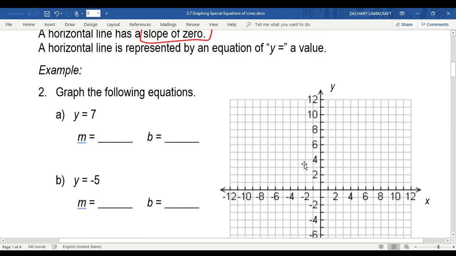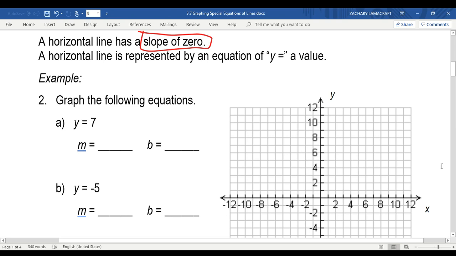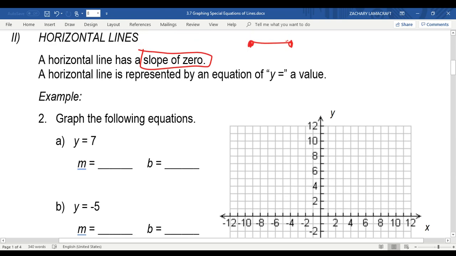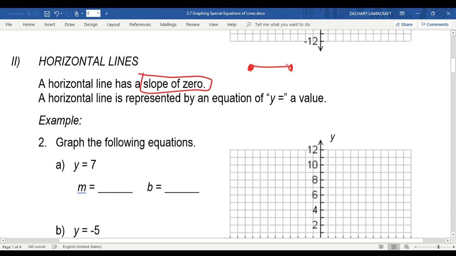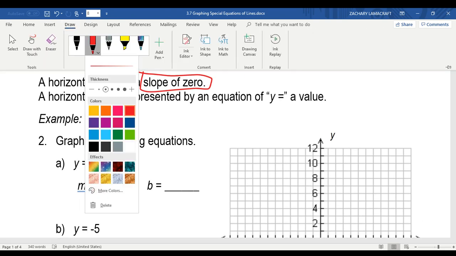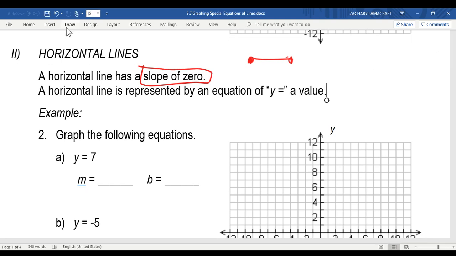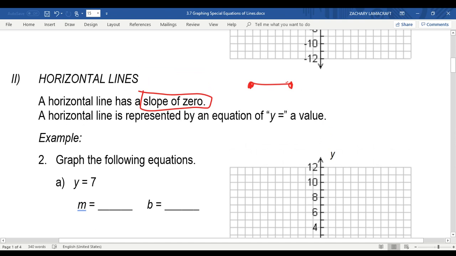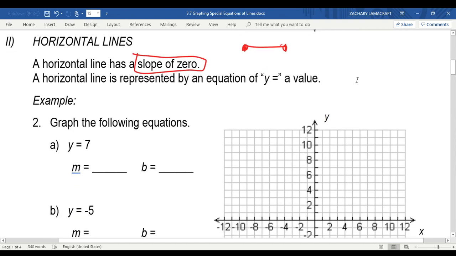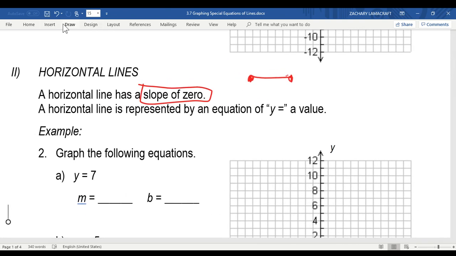So where were we? A horizontal line is represented by the equation of y equals value. All right, so the y equals value will show us our horizontal lines.